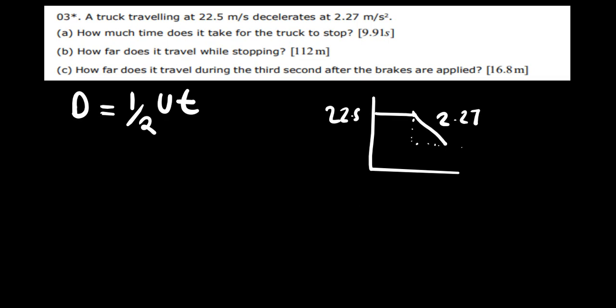So now how are you going to find the area? Because this will be the distance, right? The area of this triangle will be the distance. So the area is half at. Okay, good. So half multiplied by, what is our u? Our u, or our initial velocity, was 22.5 meters per second, times, what is the time?